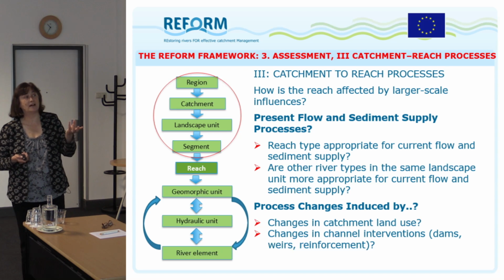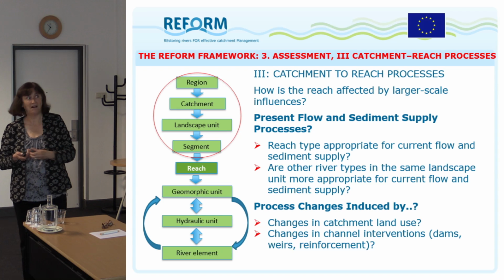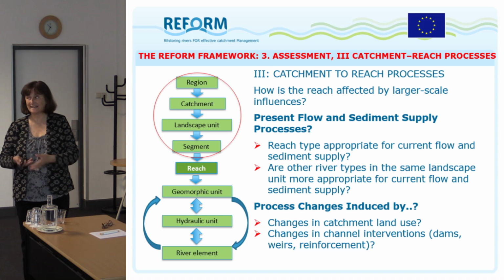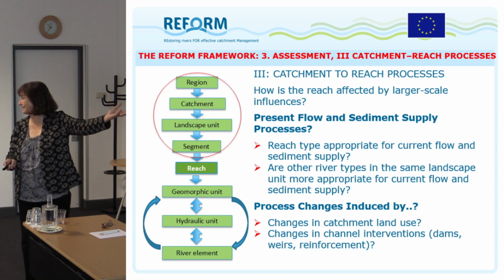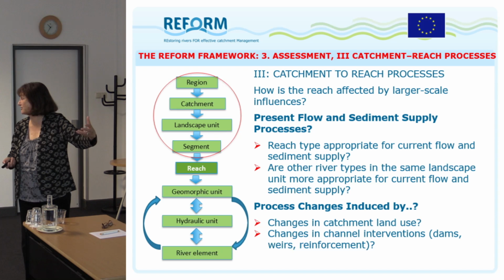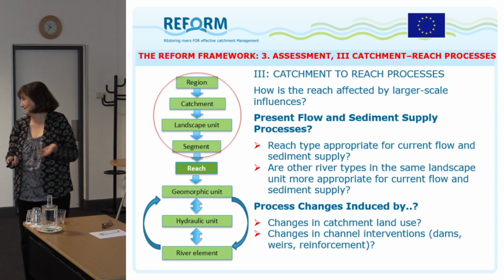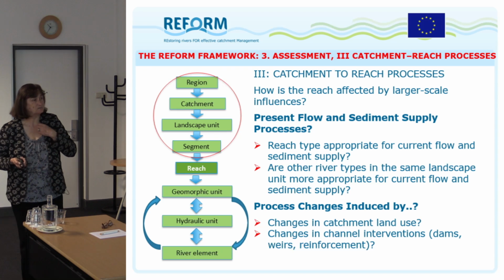So is our reach type appropriate for the current flow and sediment supply? Are there other types that exist within our landscape unit which are more appropriate to the flow and sediment regime? Because that might give us some hints about how we restore this reach if we're going to do so.